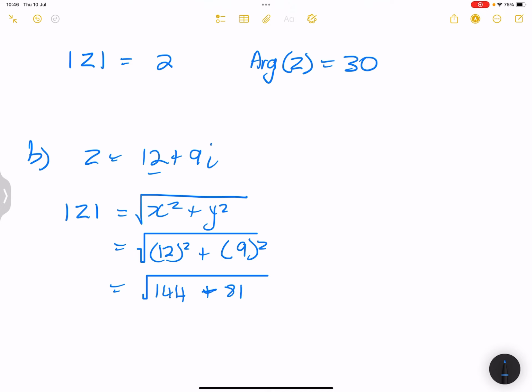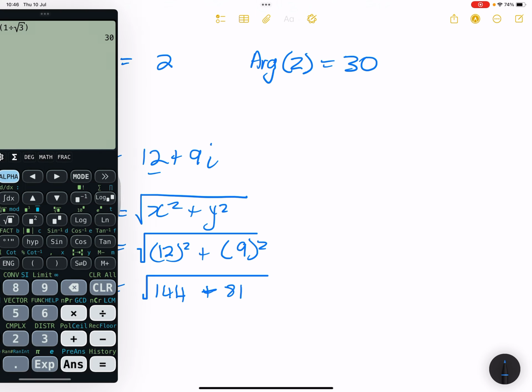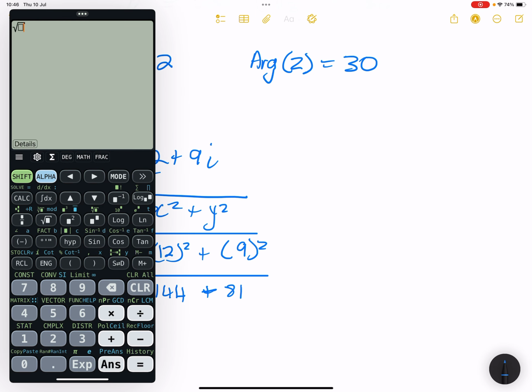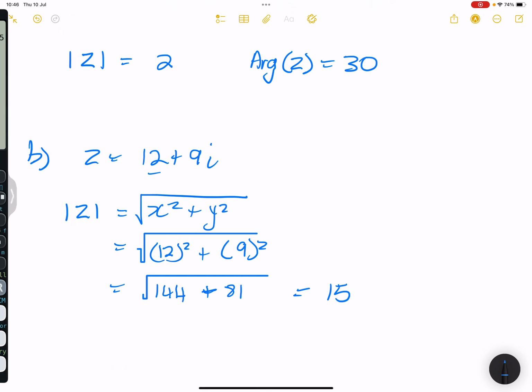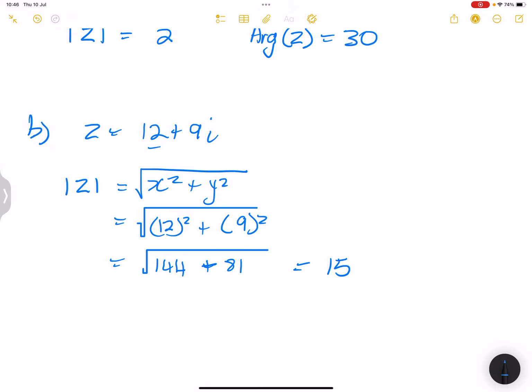Okay, 9 squared is 81. That's the square root of 144 plus 81, which gives us 15. So that's our modulus. We know that our modulus is equal to 15.